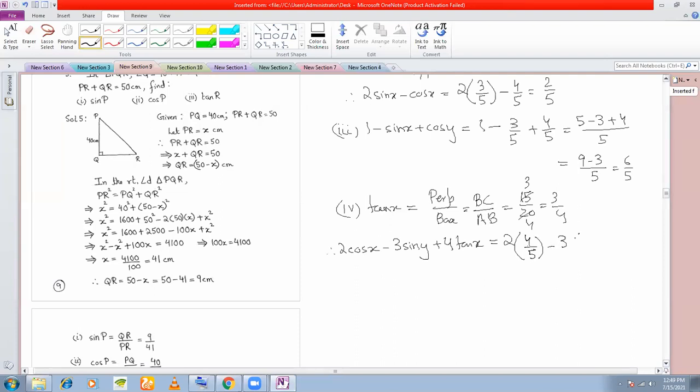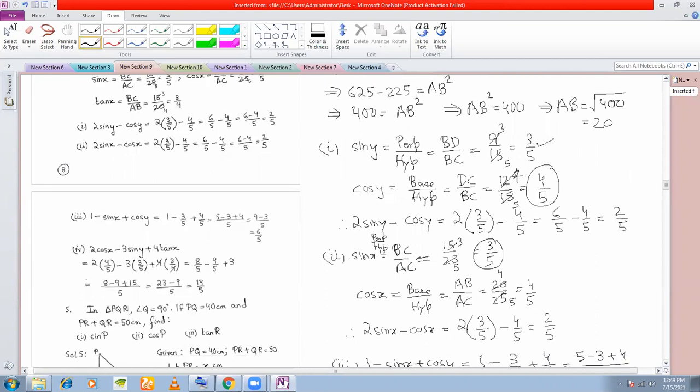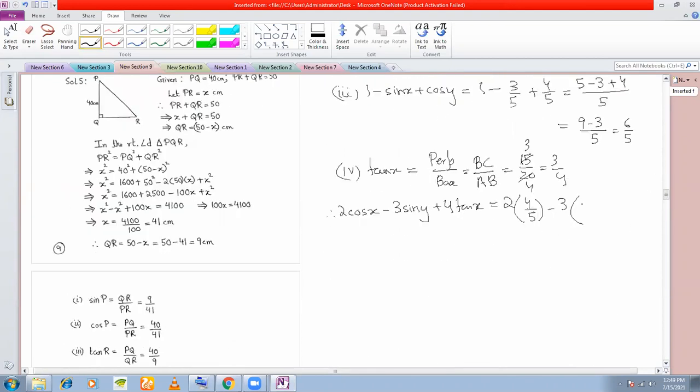Minus 3 sin y. How much have we found out sin y above? Sin y we have found out 3 by 5. Plus 4 tan x. Tan x, just above we have found out 3 by 4. So this 4 cancels here. So you get 8 by 5 minus 9 by 5 plus 3.